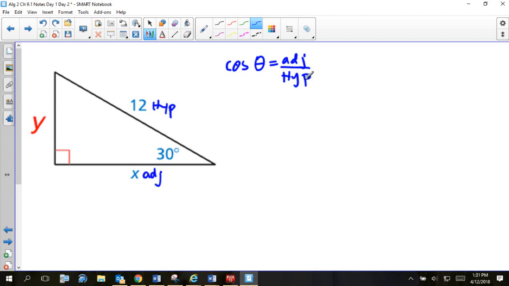What does theta stand for? An angle. Good. So that means I'm putting 30 degrees in the theta spot.